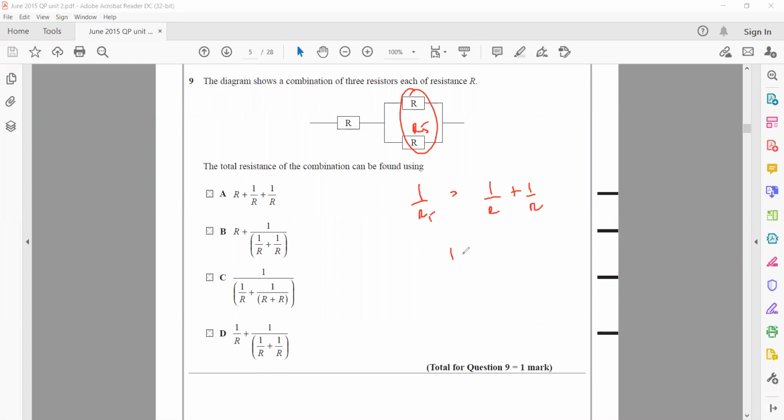So RT will be equal to 1 divided by (1 over R plus 1 over R). This is the value for RT, and then they are in series with the other resistor, so this value plus R. So it matches option B.